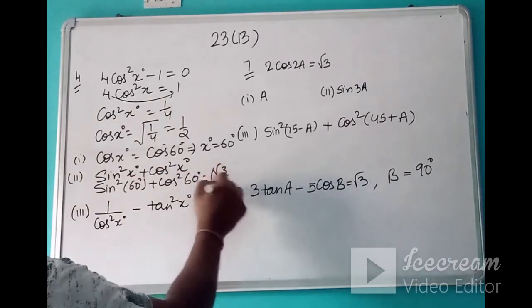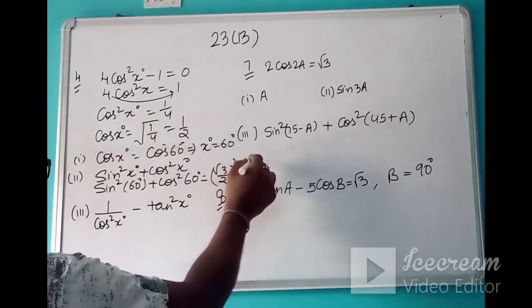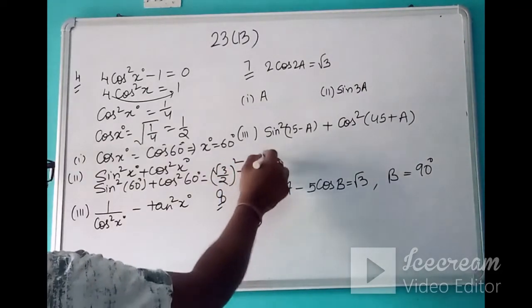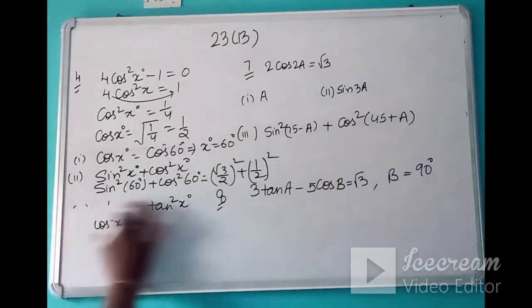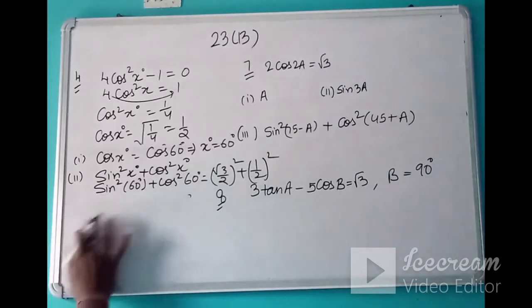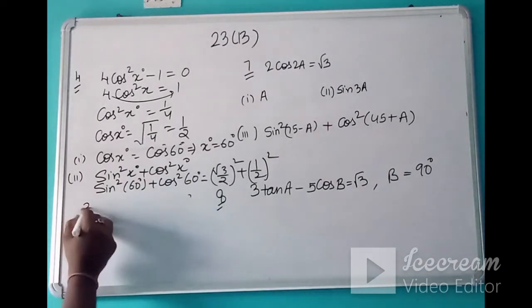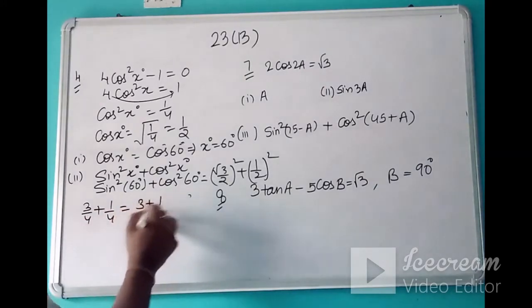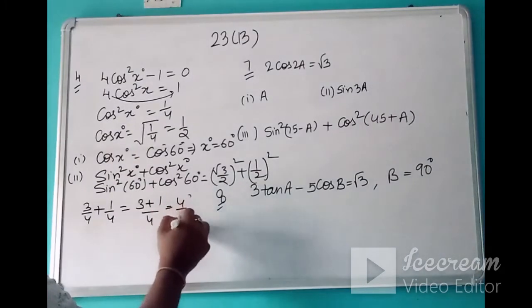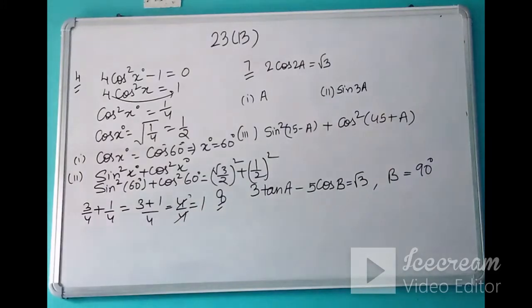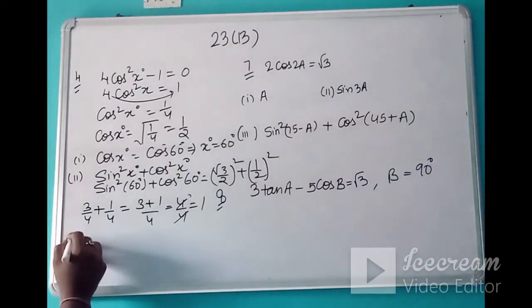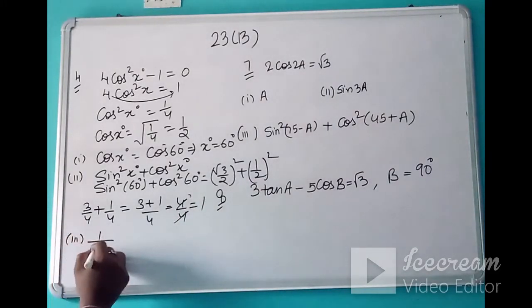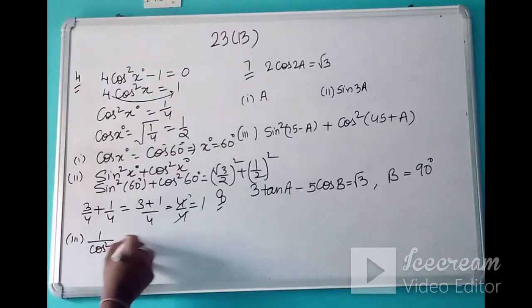Root 3 by 2 square. Sine 60 is root 3 by 2 and cos 60 is 1 by 2 square. Then next, what is root 3 by 2 whole square? 3 by 4 plus 1 by 4, that is 3 plus 1 upon 4, 4 by 4. Answer will be 1.